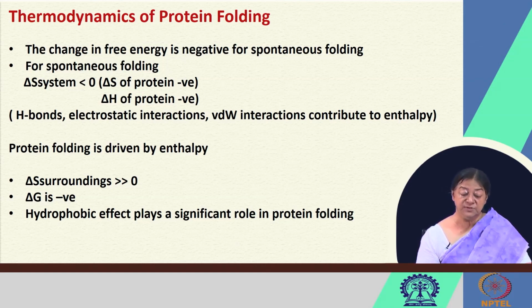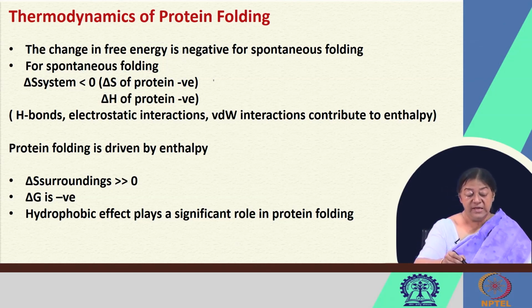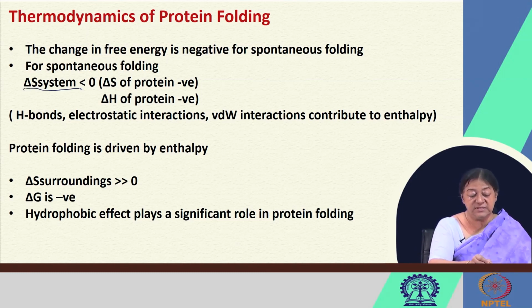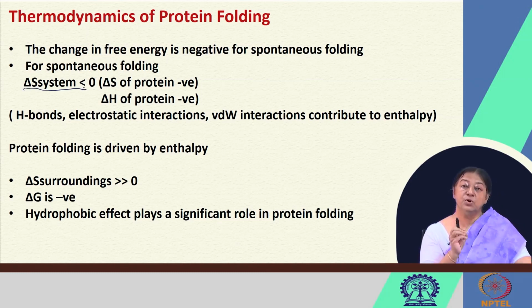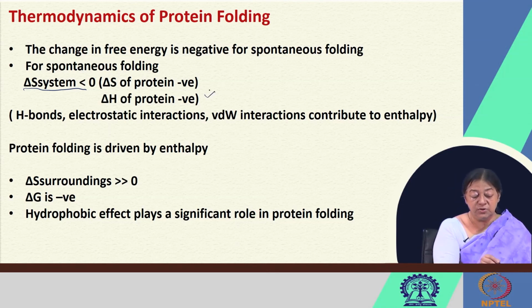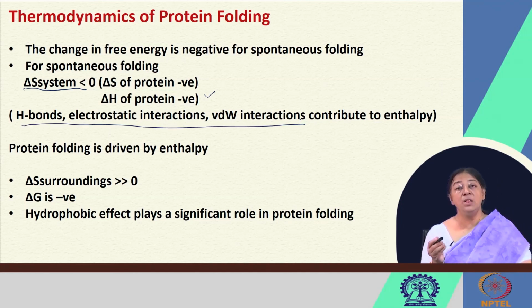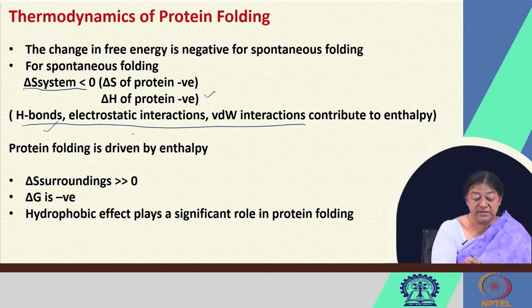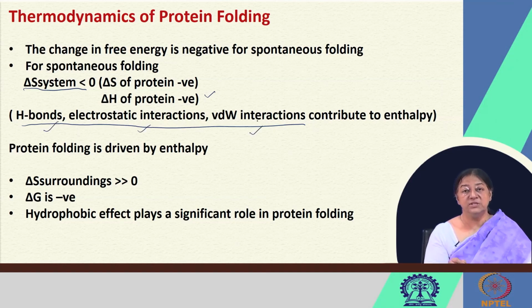So, for the spontaneous folding, what we are going to observe is we have the delta S of the system, which is our protein, that is going to be negative. Why? Because we had the unordered, disordered state that folded into an ordered manner, giving us a delta S that is negative. The delta H of the protein is also negative, because we have all the enthalpic contributions from all the possible interactions: the hydrogen bonds, the electrostatic interactions, the van der Waals interactions.